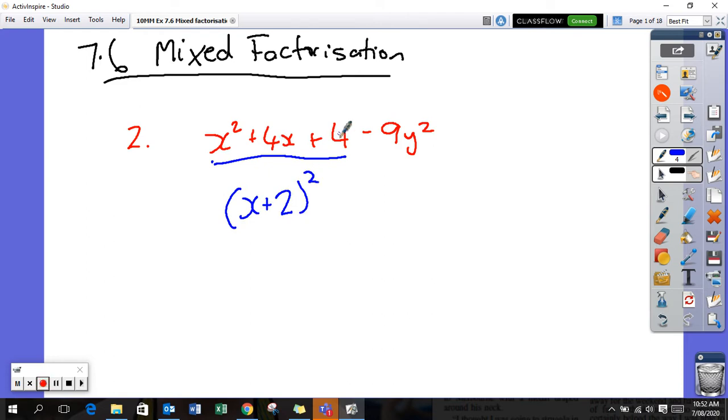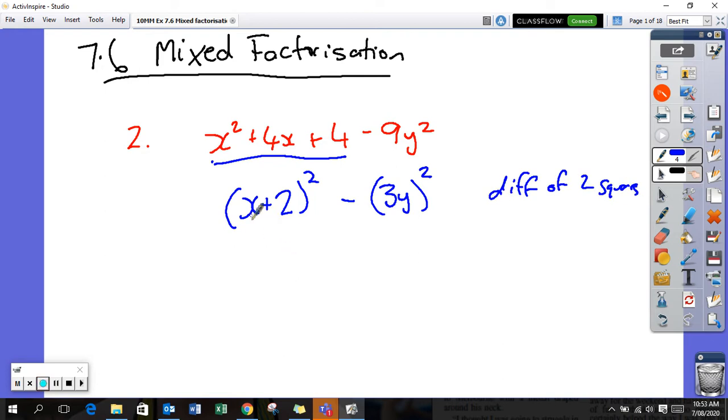So 2 there, plus 2x plus 2x. So x plus 2 squared is x squared plus 4x plus 4. Then we're going to minus. I'm going to make the 9 into a 3, so that's 3y all squared. And we have a difference of 2 squares.